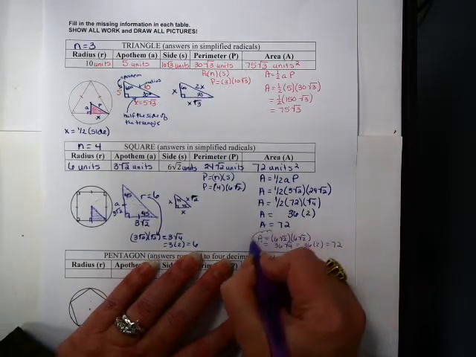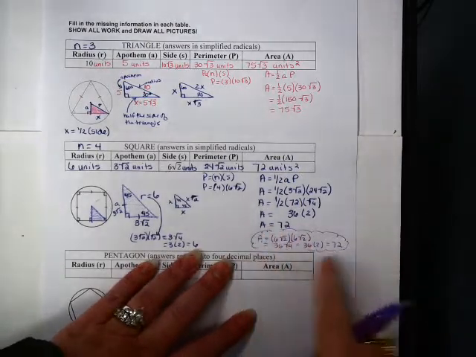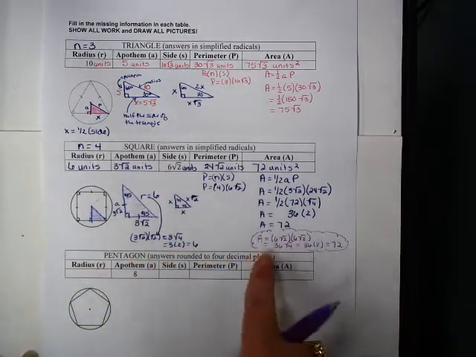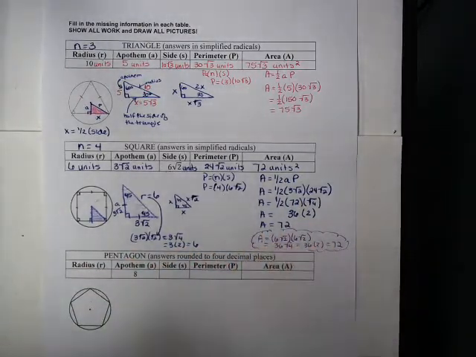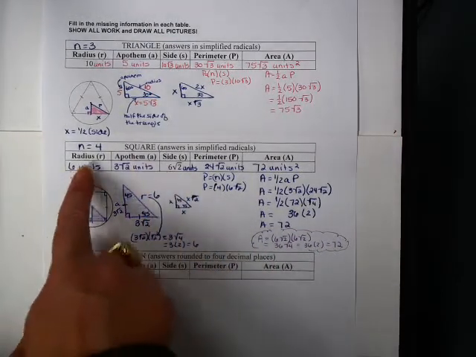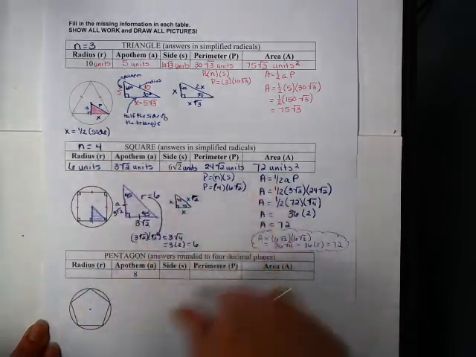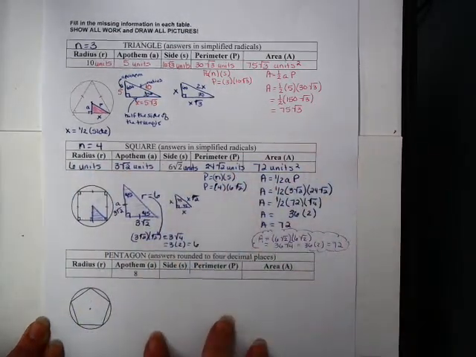So, see, we got it right. Okay, I'm putting that in a little cloud because that's how we would do it if we had the side, but we wanted to fill out this chart, so we wanted to know the radius, the apothem, and the perimeter and the area anyway.